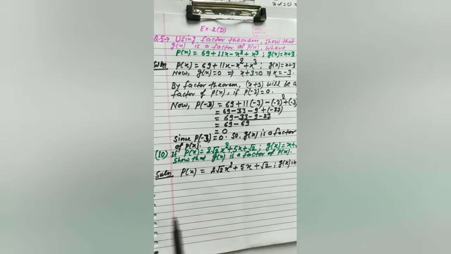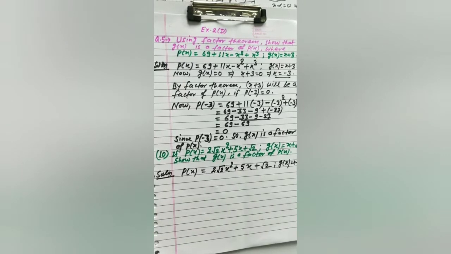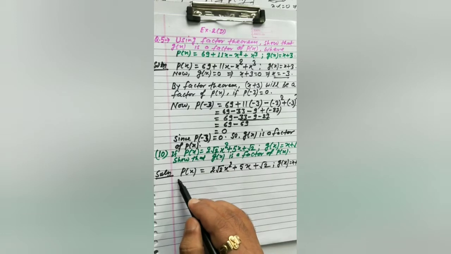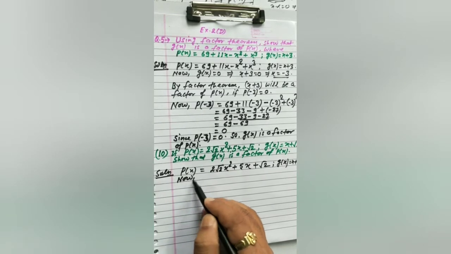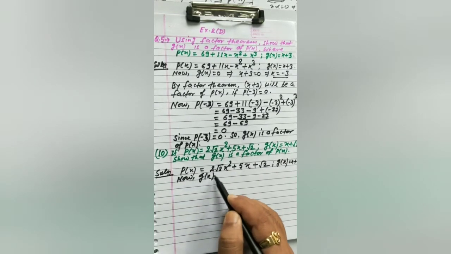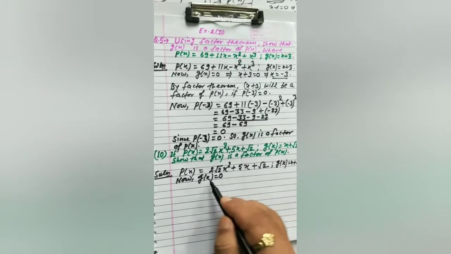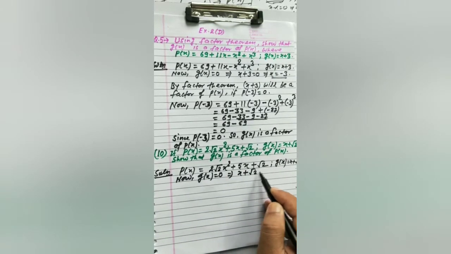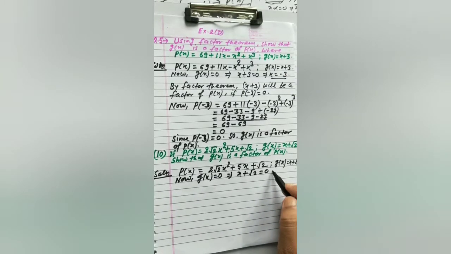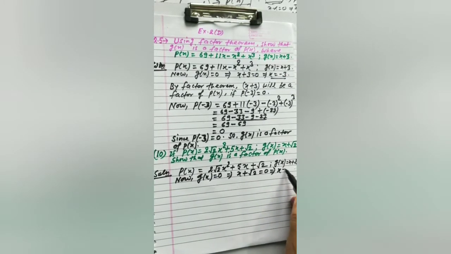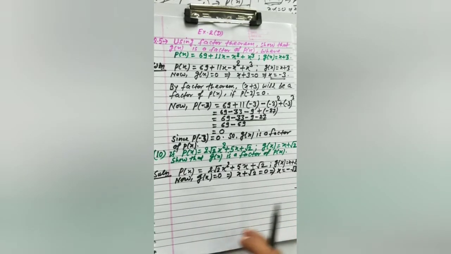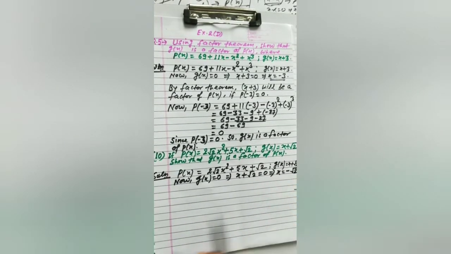Now let us find the value of x from your divisor polynomial. So g(x) will be equal to 0. This implies that x + √2 is equal to 0. This implies that x is equal to −√2. So the value of x is −√2.